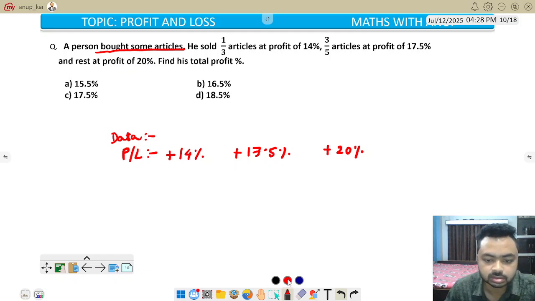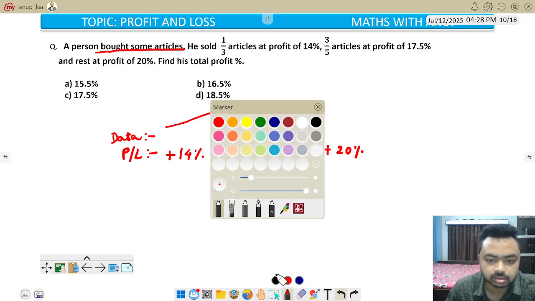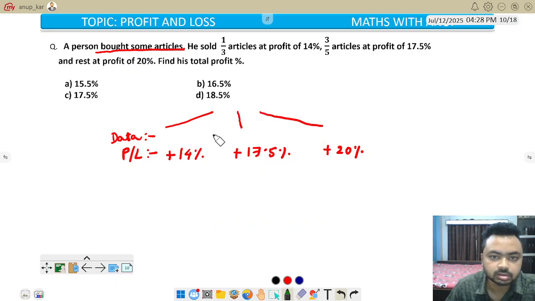So 1/3, here it is 3/5, and the rest part is this one.